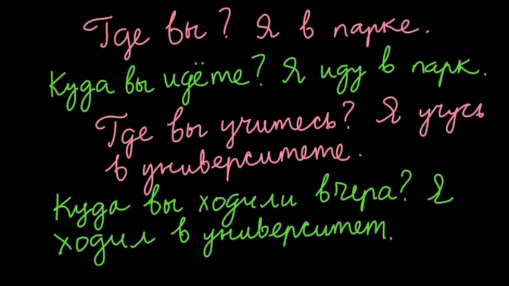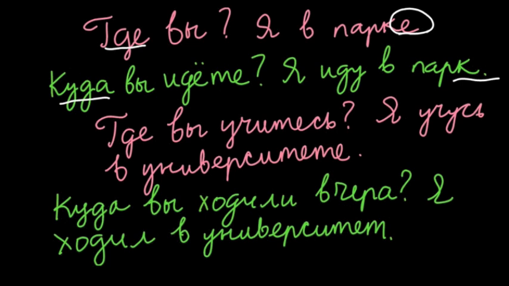So here are some examples. If I ask the question где, then the answer must have prepositional in it. Где вы? Я в парке. Versus куда? Куда вы идете? Я иду в парк. Куда is the question, so the answer must have accusative in it.